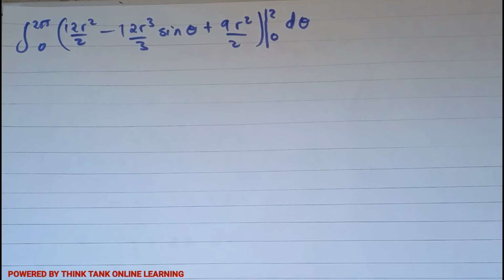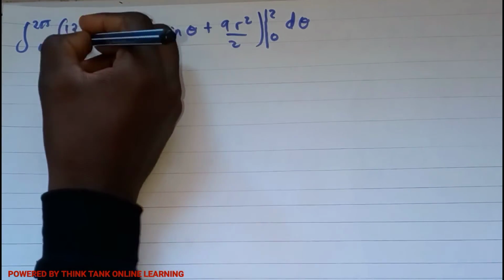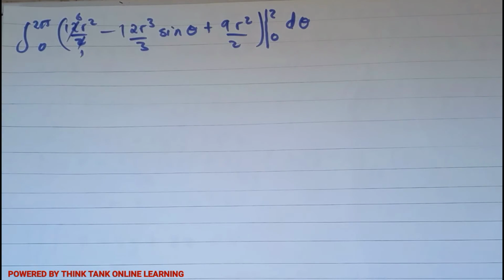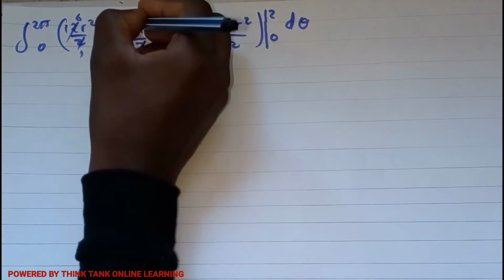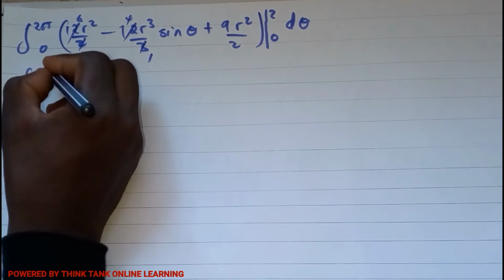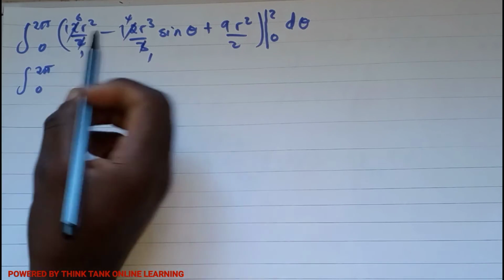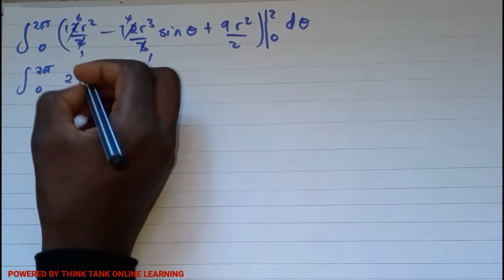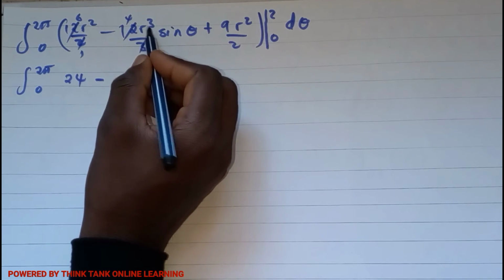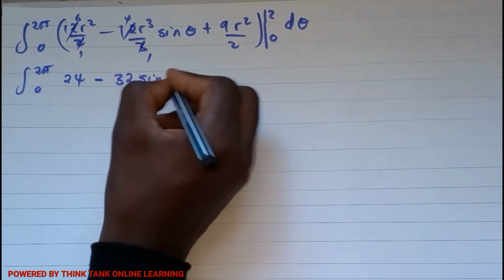Now I want to integrate here. Let's just clear this up. Here 2 into 12, we're going to get 6, and 3 into 12, we're going to get 4. So we're going to have a single integral of 2 times 2 is 4 times 6, that is 24, minus 2 times 2 times 2, that is 8, times 4, so 32 sine theta.